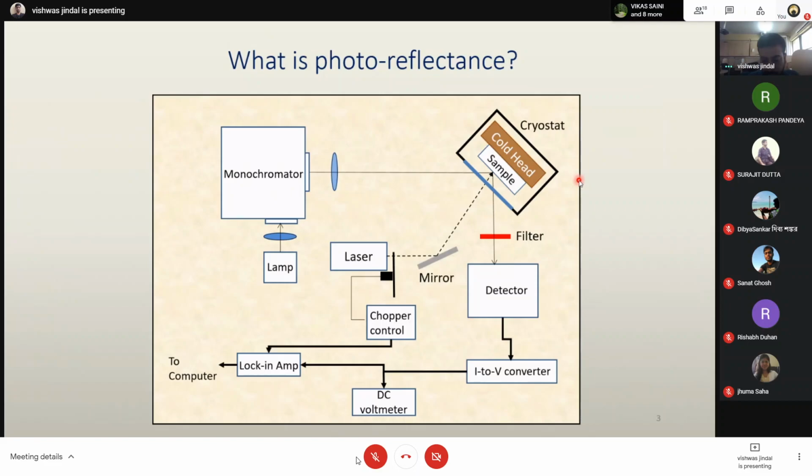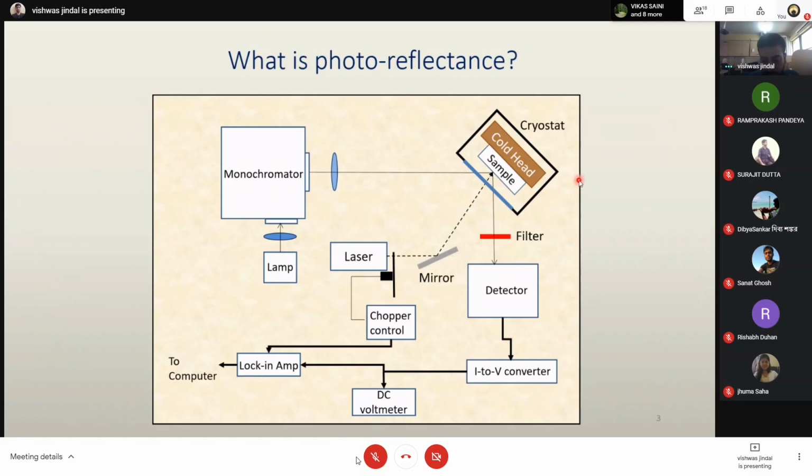Yeah, and one more question. Does this measurement give you the band gap, or do we only get excitons from these measurements? There have been systems where, for some samples, you can get the band gap.